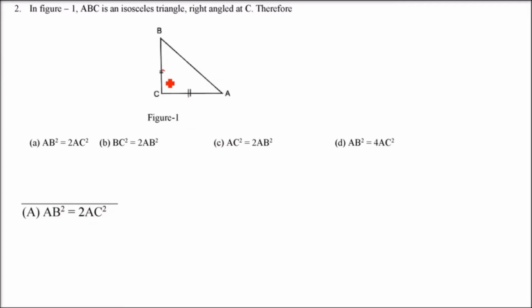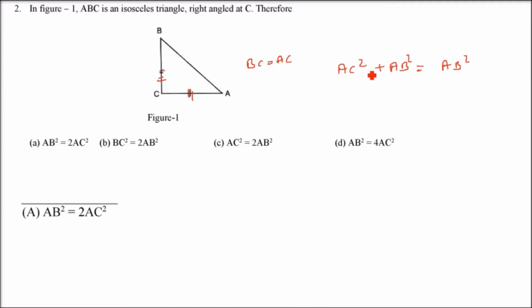Right angle triangle, so we'll use the Pythagoras theorem. AC square plus BC square equals AB square. This is not AB, this is BC. Pythagoras theorem.